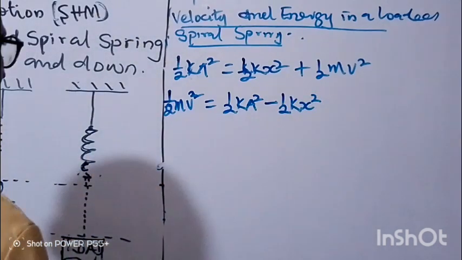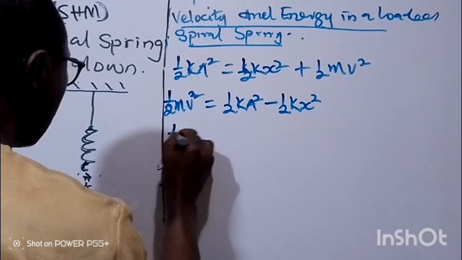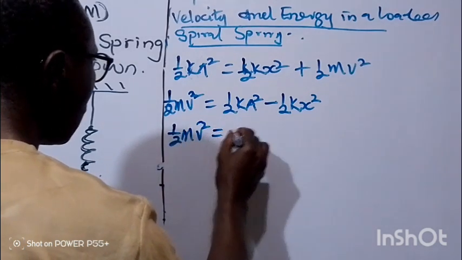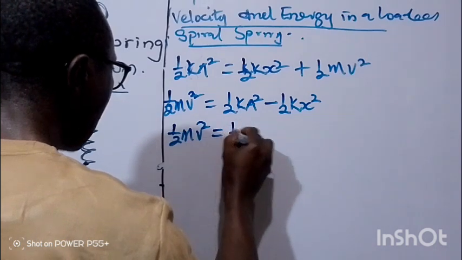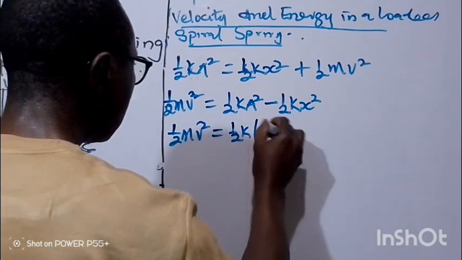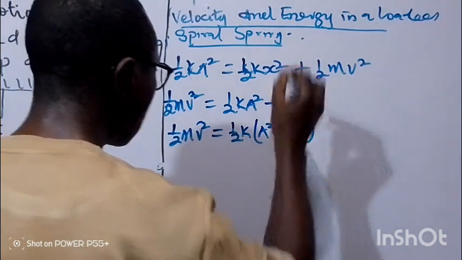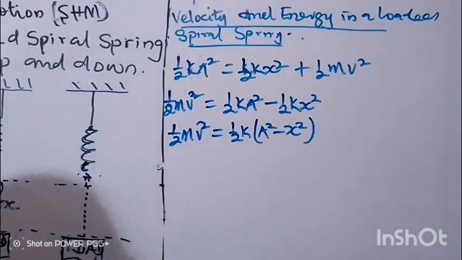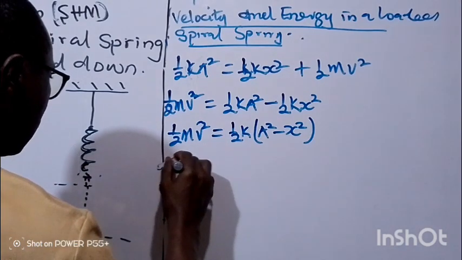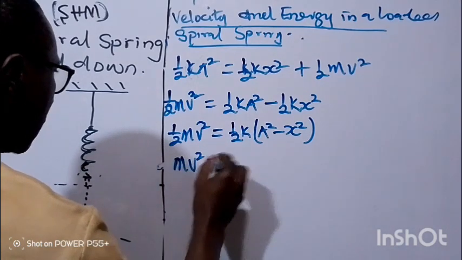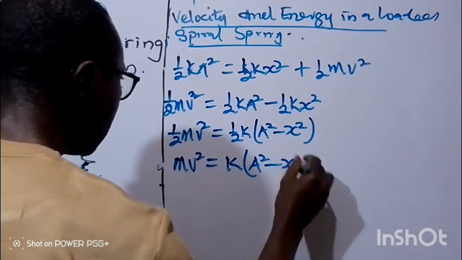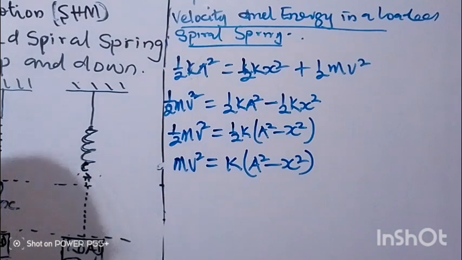From there, we are going to have half mv squared equal to half k into a squared minus s squared, since half and k are common. You look at this side, half is common, so half will go away. So we are now left with mv squared equals k into a squared minus s squared. Make v the subject of the formula.